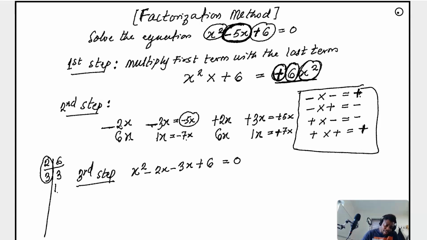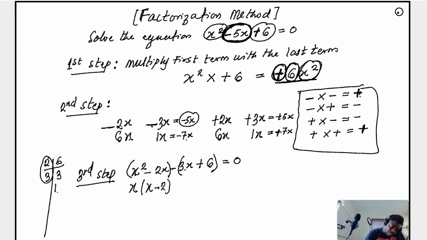Right? Now, how many terms do we have here? 1, 2, 3, 4. So all you need to do is to take this in twos like that. I will explain. What is common between x squared and 2x? X is common. So this is x minus 2.